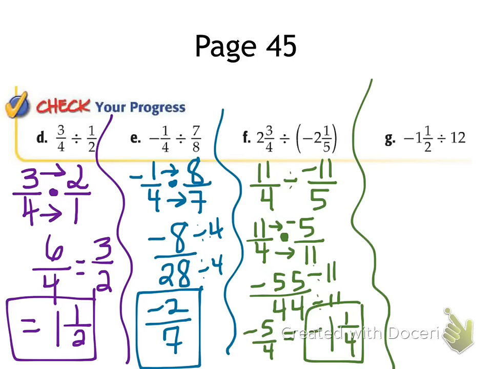For G, last one. For G, we've got to change this to an improper fraction first. So 2 times 1 is 2, plus 1 is 3. Negative 3/2. Divided by, I can write that 12 as 12/1. All right, solving this. I'm going to keep my negative 3/2, change the sign to multiplication, and flip my second one, so 1/12.